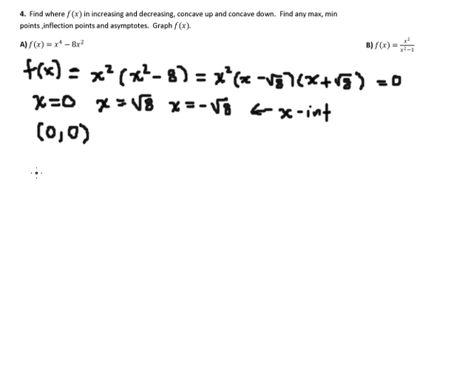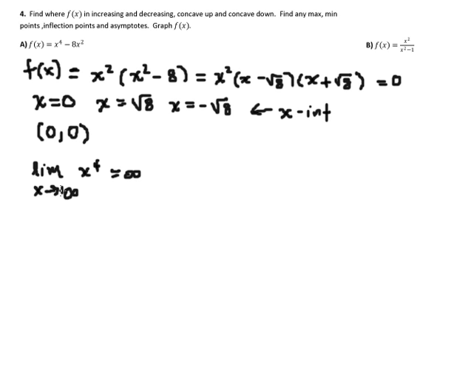Now let's look at the end behavior. Alright, so we want to know what's the limit as x goes to infinity of f of x. Well, we can just take the leading term, that's x to the fourth, and that's equal to infinity, since 4 is even.